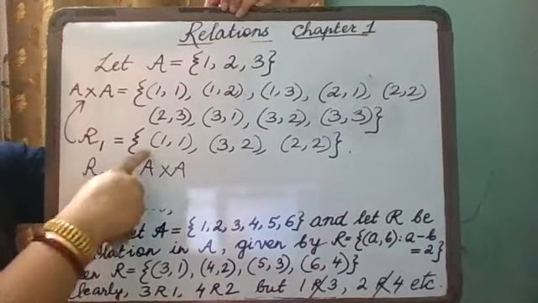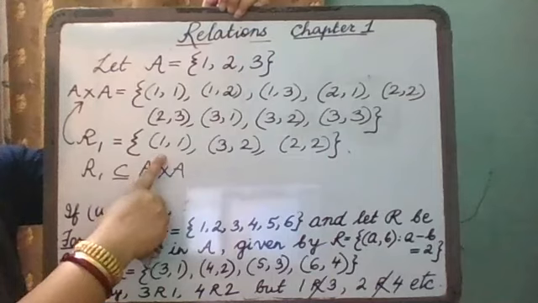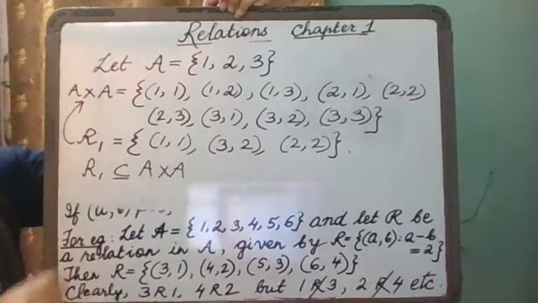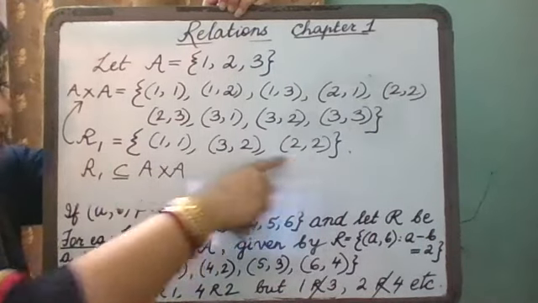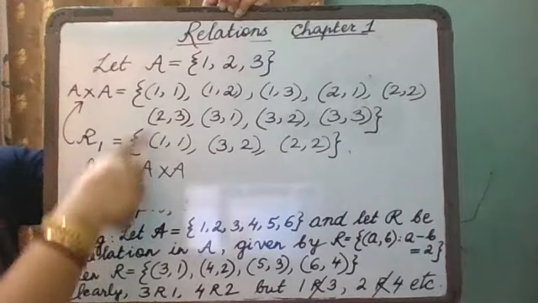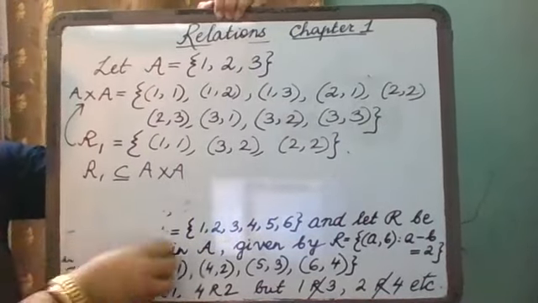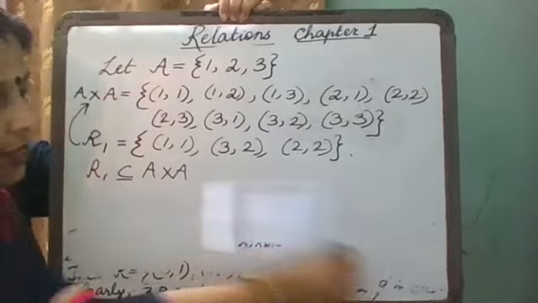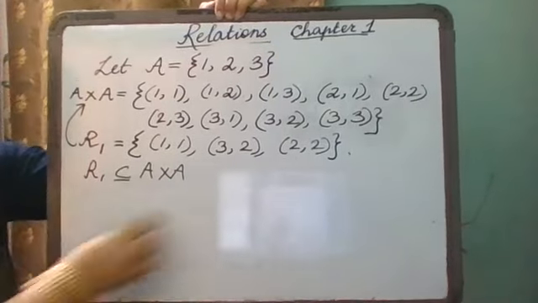Subset means every element, or every ordered pair, which is present in R1 must also be present in A cross A. So I see that all the ordered pairs of R1 are from A cross A. They are contained in A cross A. Hence, I can say that R1 is a subset of A cross A, Cartesian product.